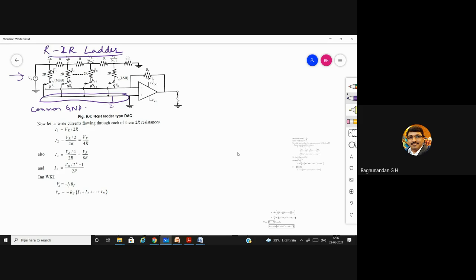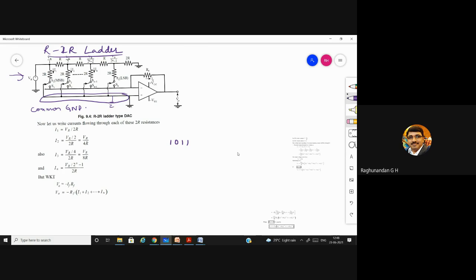Whenever the switch is closed, the current is going to flow through this, and the corresponding output voltage is obtained. Here we have S1, S2, Sn minus 1, Sn. These are all the bits. Suppose I have 1, 0, 1, 1.